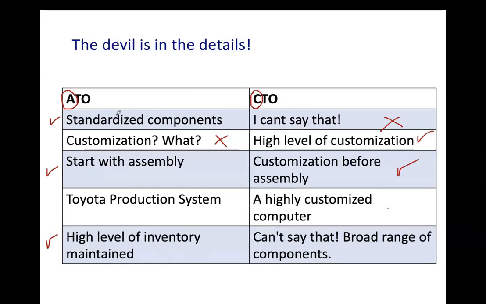You know what type of components would be used, so you can maintain a high level of inventory. However, in the case of CTO, where all components are different, we cannot have a high level of inventory because different items have different components. So there will be a broad range of components. That is the difference between the ATO and CTO approaches.